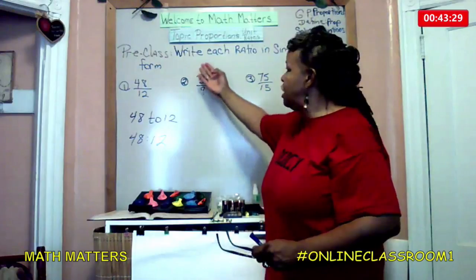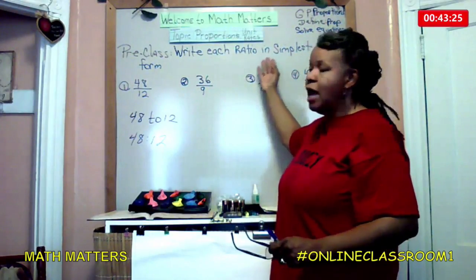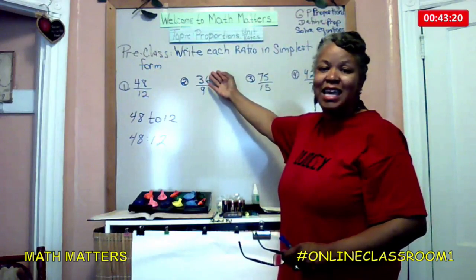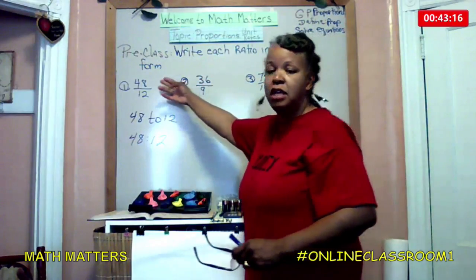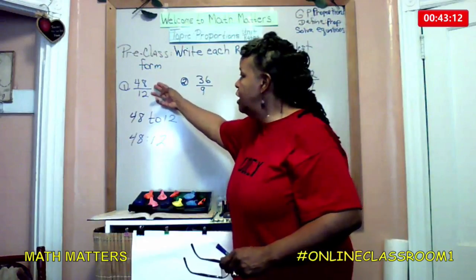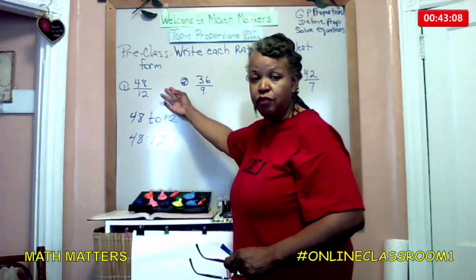The instructions for our pre-class is to take each ratio and simplify it so that we'll see it in its simplest form, which means to simply reduce the ratio. If it's written in fraction form, you'll reduce it and it'll remain in fraction form.